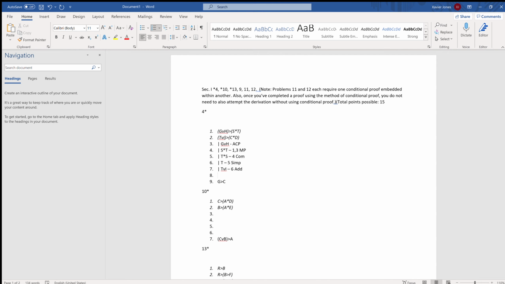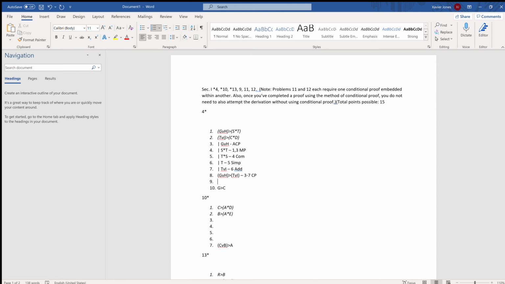So now we have, if G or H, I'm struggling to type here, if G or H, then T or I, using lines 3 through 7 conditional proof.